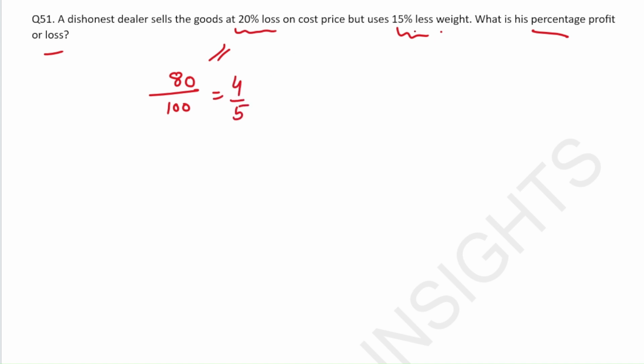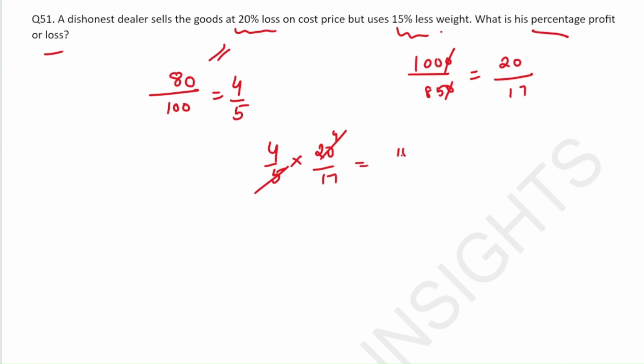And he is using weight less than 15%. So if the weight is 1,000 grams, then 15% less weight will be how much? 850, right? So convert into simplest form, this will be 20 by 17. The value is 4 by 5 into 20 by 17. 5 4s are 20.